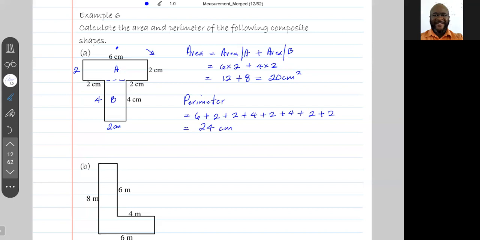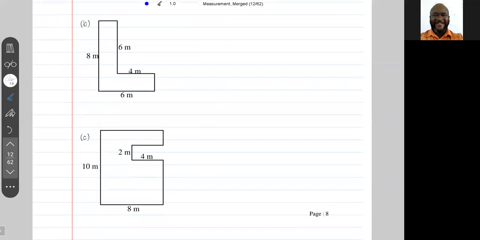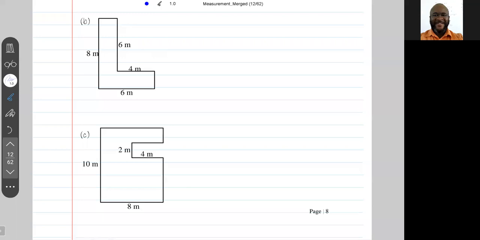All right, so very quickly, I want you to do B and I want you to do C. We need the area and the perimeter of the two composite shapes. All right, so for B, let's divide this up into two rectangles.